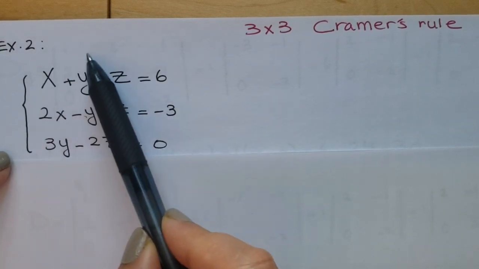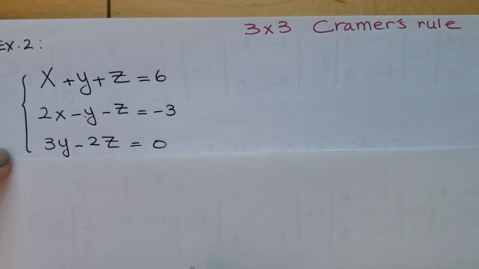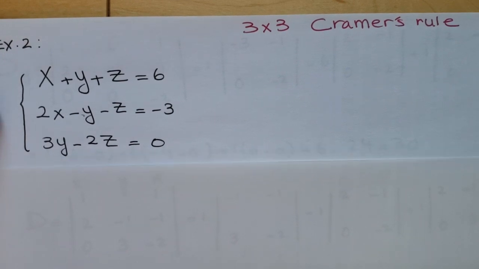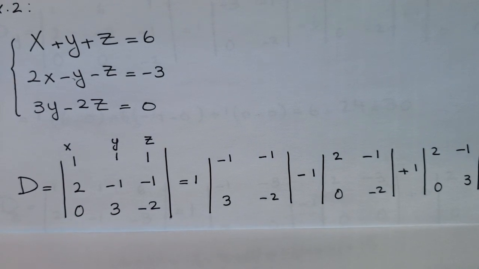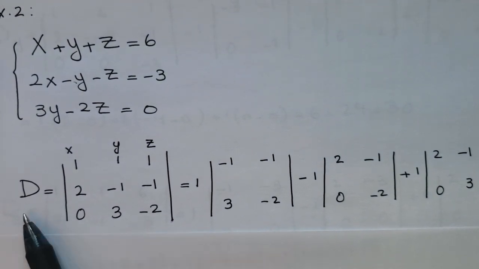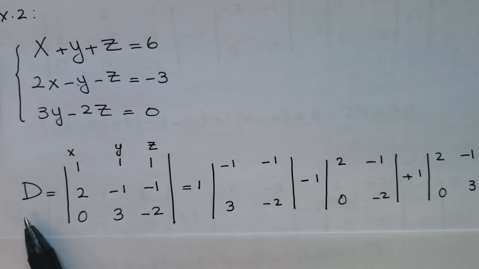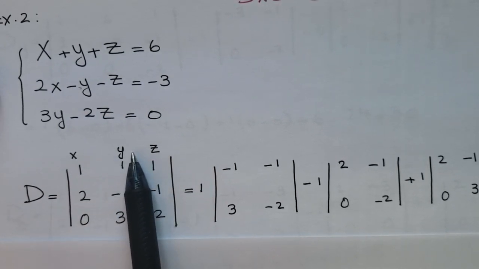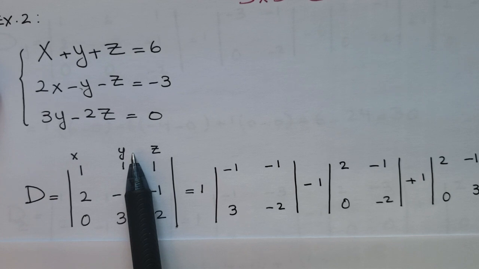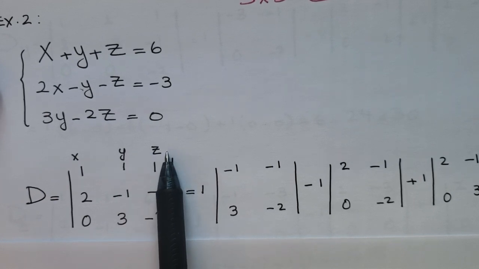So here, the first thing I have to do is to form the d, or the coefficient determinant, okay? So here, instead of using the triangle symbol, I'm using the d. It's the same thing, it doesn't matter. So the first column would be the x coefficient, then the second column would be the y coefficient, and the third column would be the z coefficient.